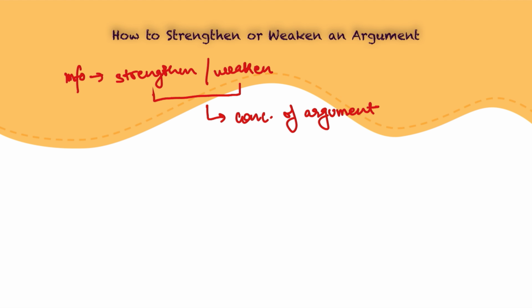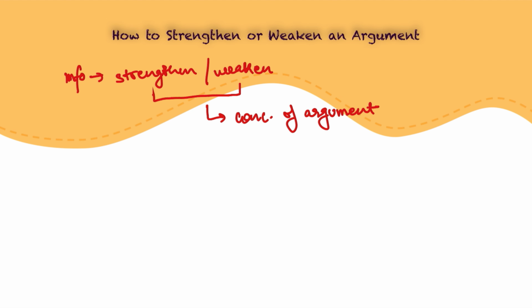So the conclusion, when it is added with the given information, the options, the statements which are given to you, becomes either more likely to be true or less likely to be true, according to what the question asks. That is the answer that you're looking for, right? The conclusion of an argument becoming more or less likely to be true based on the evidence that is provided, based on the part of the argument itself.